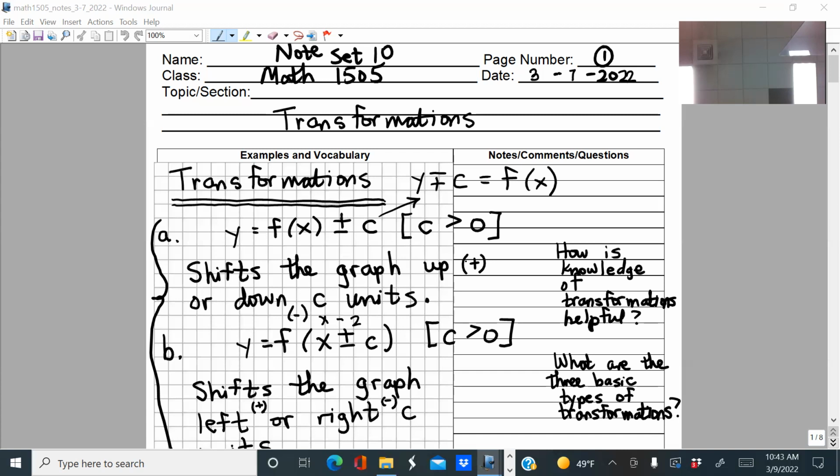If you add the constant, you're going to shift it up. If you subtract the constant, you're going to shift it down. So the whole graph either moves up or the whole graph moves down. Just that simple. That's one type of shift.